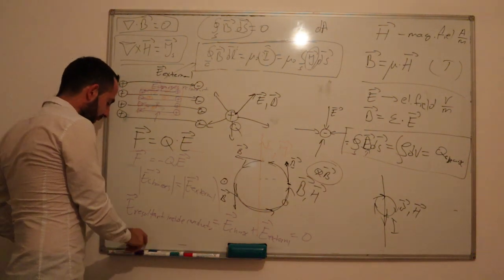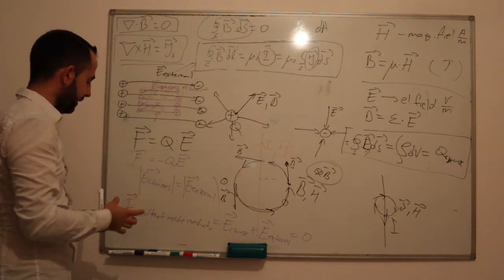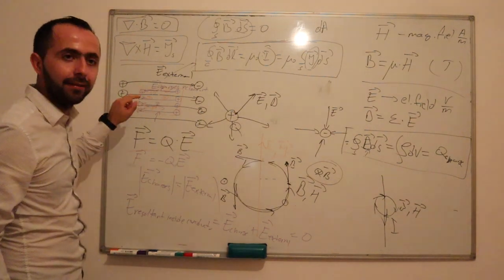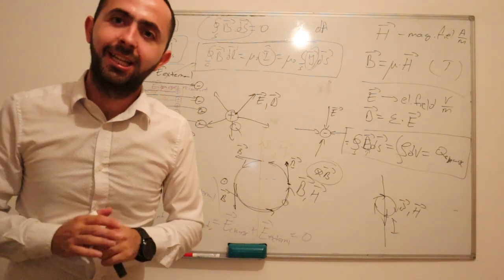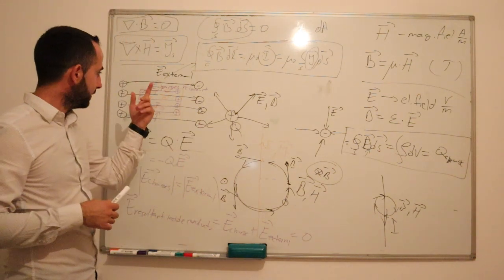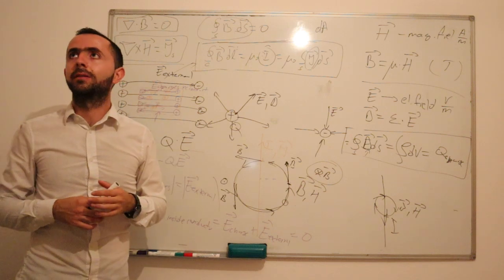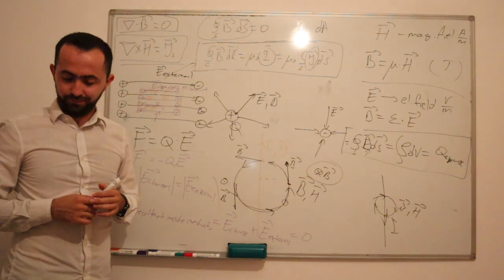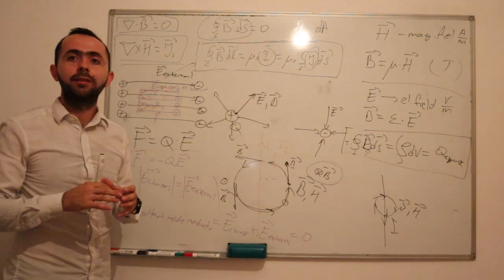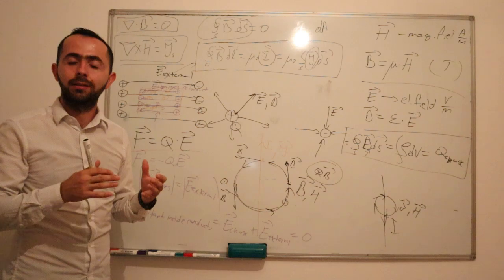But why must this electric field have the same amplitude? Because if it didn't have the same amplitude, for example if it had a bigger amplitude, that would mean that I have made an infinite source of energy, a perpetuum mobile.